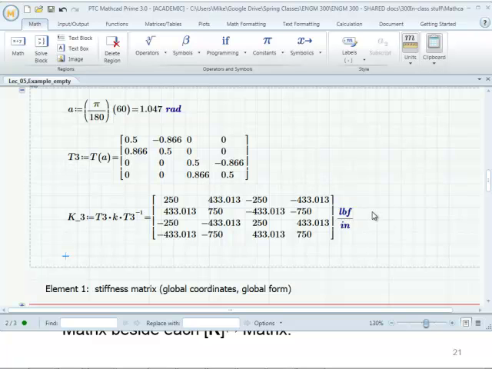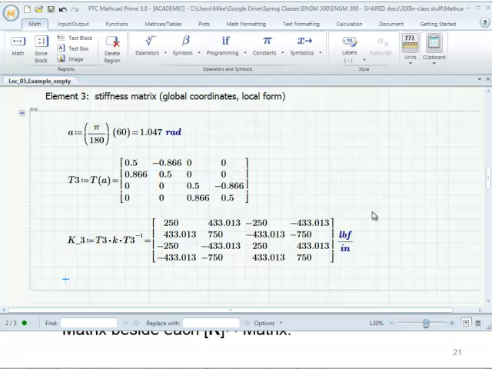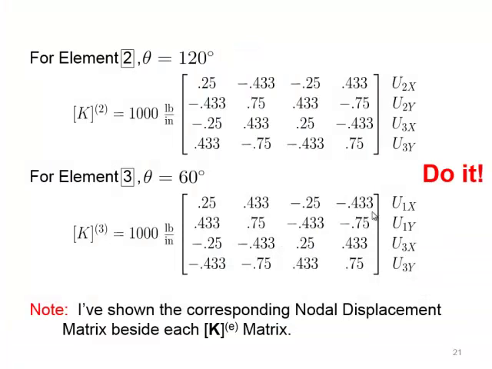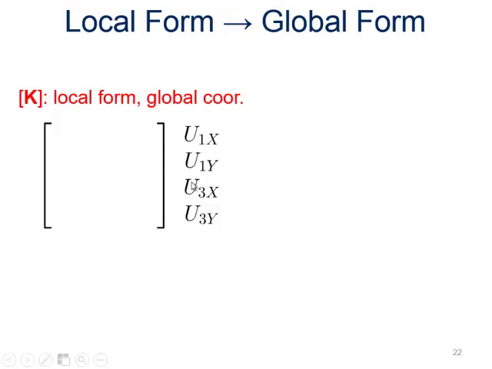All right. Well, good. So now we have the global coordinate system, but it's still in the local form, right? This thing is still only looking at just one element. So let's go back here and go a little bit further. All right. So what we developed is this guy right here. We have the local form, but global coordinates.